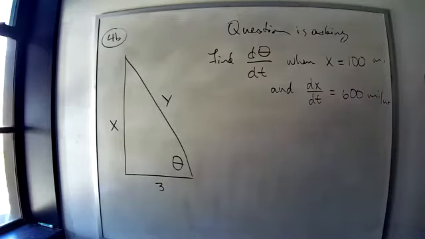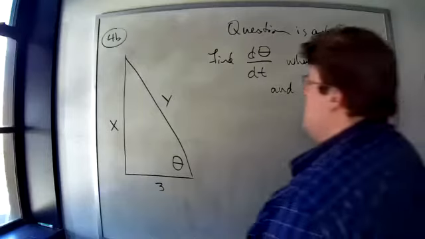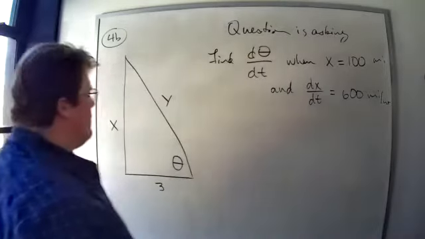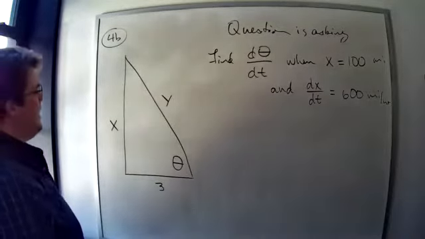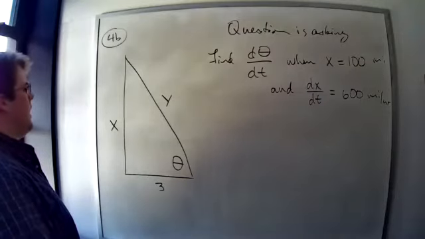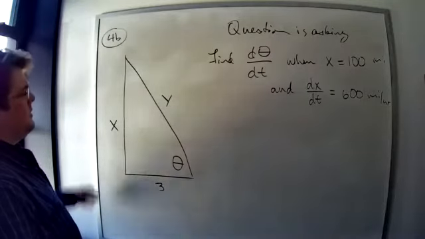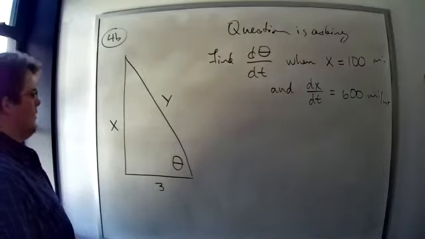So we need d theta dt, so we need a relation between theta and our variables. It may be tempting to use sine of theta, because sine of theta is x over y. But then you're going to have an equation with 3 variables, and dealing with that is much less convenient because you'd have to solve for one of them using the Pythagorean theorem.